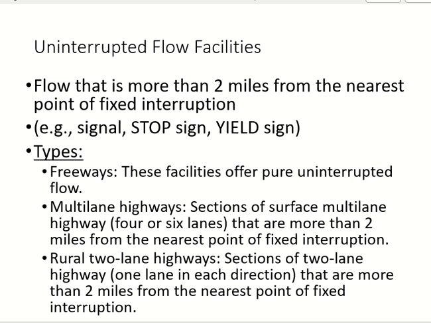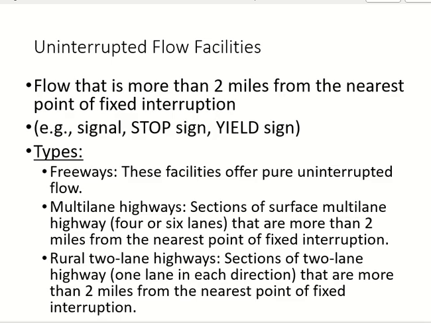You can have a highway which does not have an intersection or interruption from start to end. That is uninterrupted. But the definition also extends to those highways which have intersections, but the spacing between the intersections is more than 2 miles. If the spacing between the intersections becomes more than 2 miles, then that part is considered as uninterrupted flow facility.